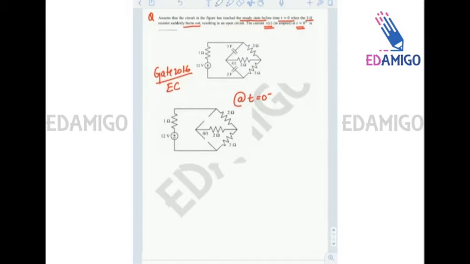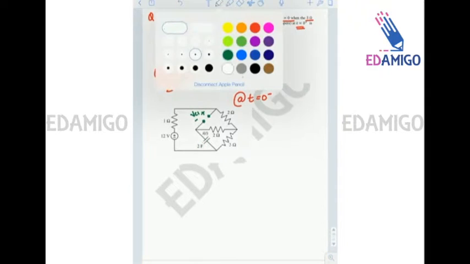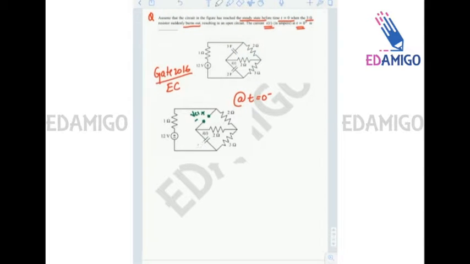Let us assume the voltage across this capacitance is VC1 and the voltage across this capacitance is VC2.